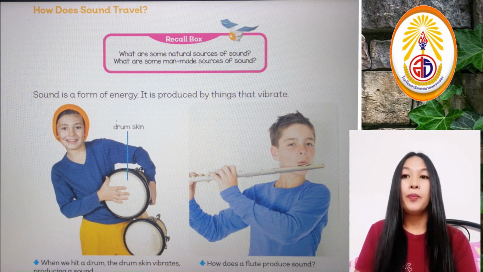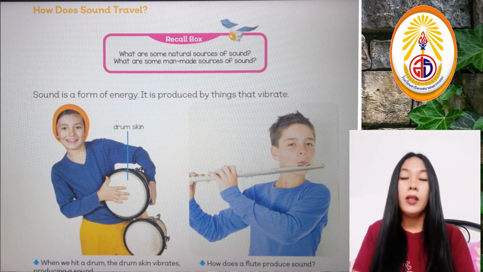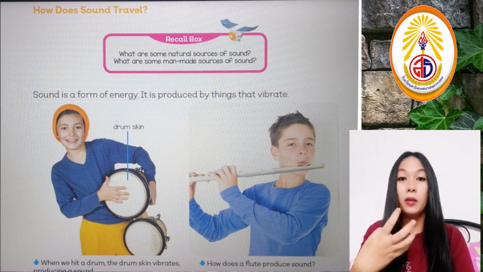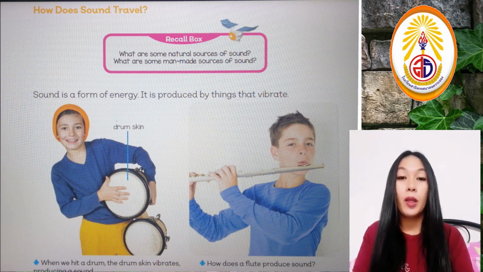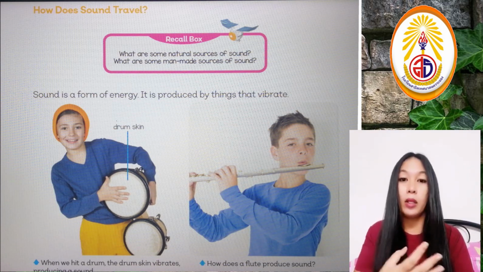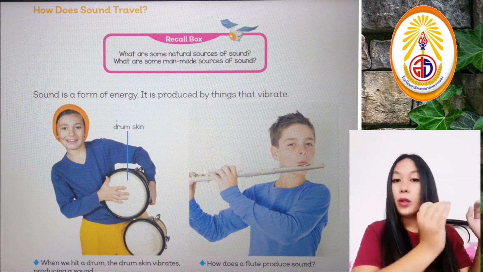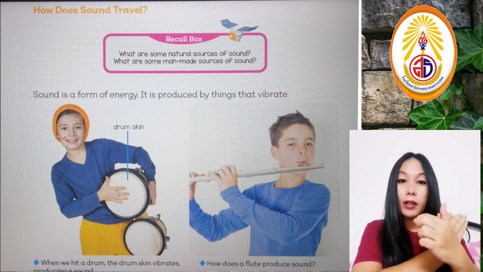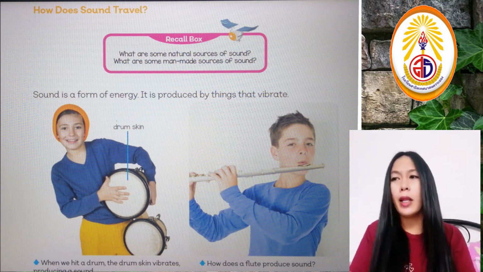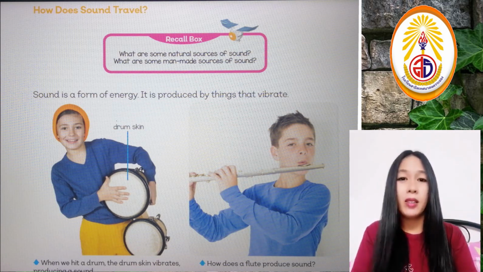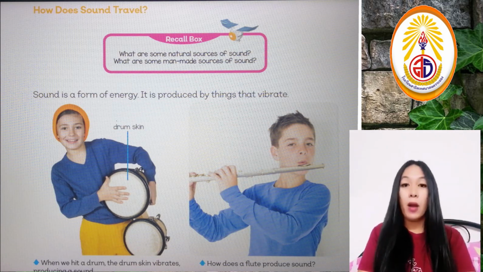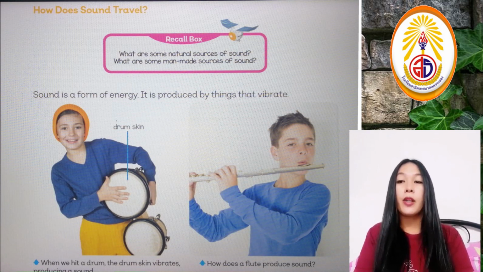So basically, you use a flute through blowing air in a hole. If this is a flute, you're going to blow air in a hole. It is actually called the lip plate. So when a stream of air is directed across a hole in the instrument, it creates a vibration of air at the hole.